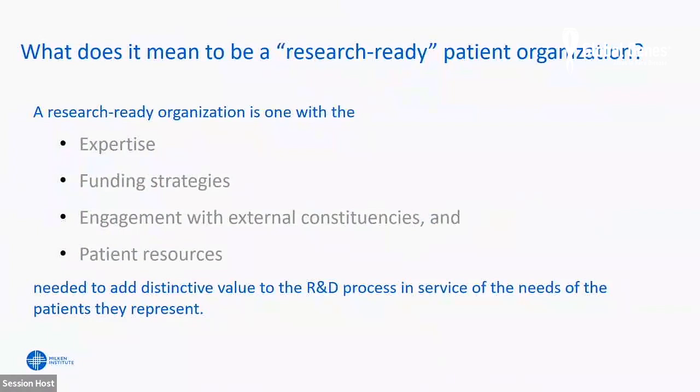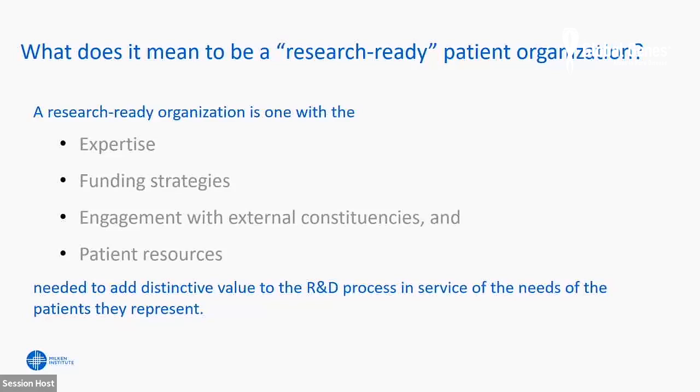Those four elements would be needed or provide distinctive value to them as research partners to help accelerate their research mission. Because we heard from the patient organizations that they wanted a model and a framework by which to grow, we started to think about what a maturity model might look like to help inform the progression and journey of patient groups advancing in their maturity.